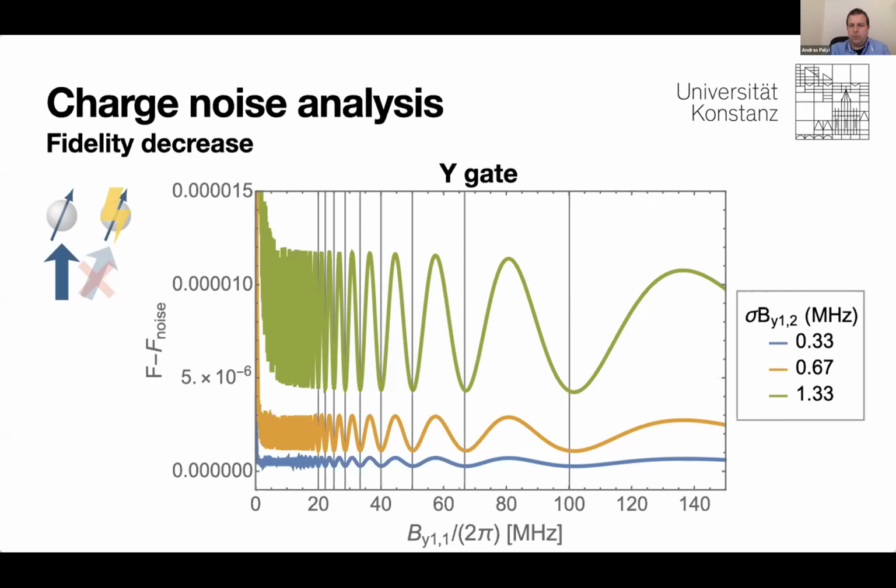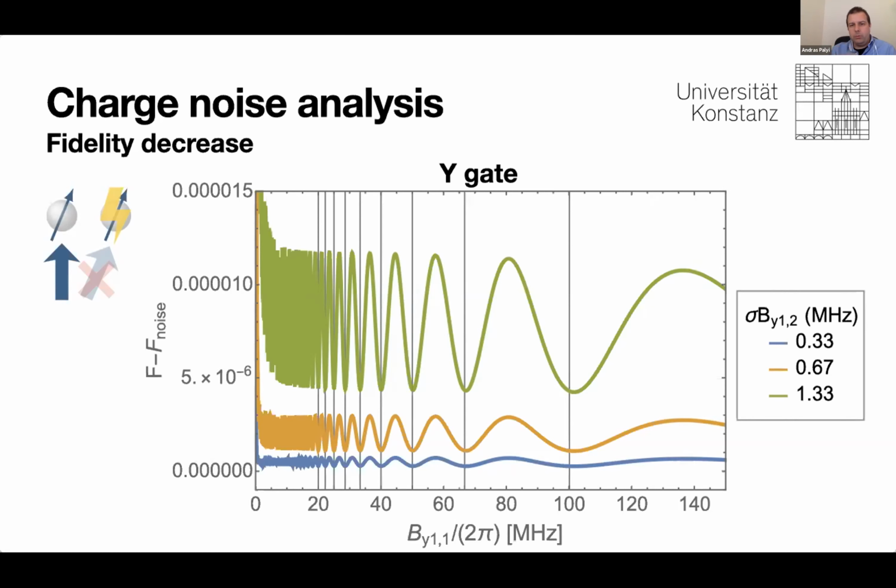So Menno mentioned these charge traps which are fluctuating, causing this 1/f noise. Could that also be a reason for this term in your Hamiltonian? Sorry, again, I didn't get it. Menno mentioned these fluctuating charge traps, which he believes cause this 1/f charge noise in his SET and quantum dot devices.